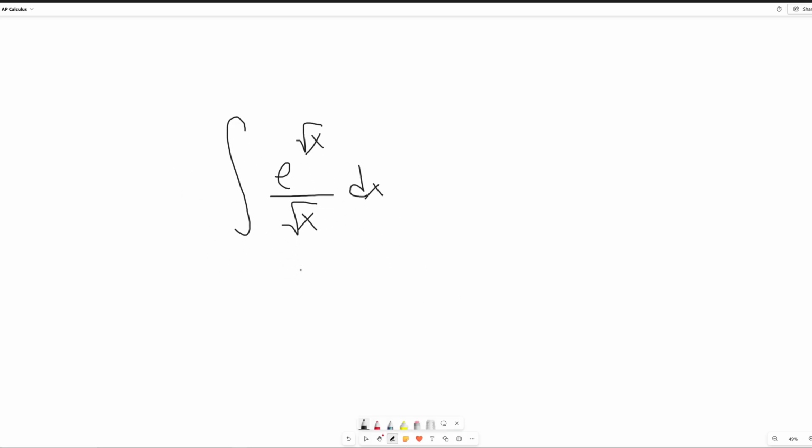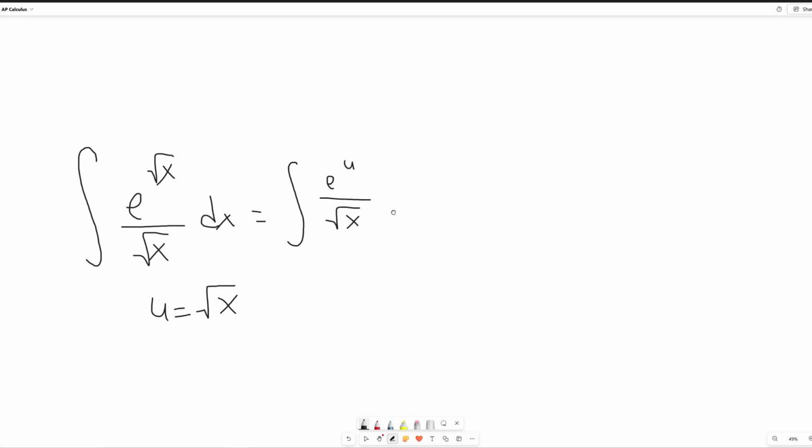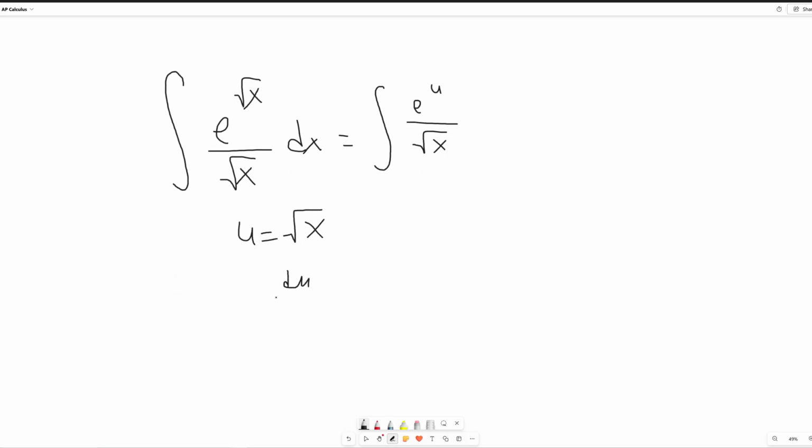So, what if we subbed in square root of x as our u? Okay. But here, we have a second square root of x. Do we set that as u? You could, but in this case, it's better to not. So if we have e to the u over square root of x, what would our dx be? du over, what is the derivative of this?